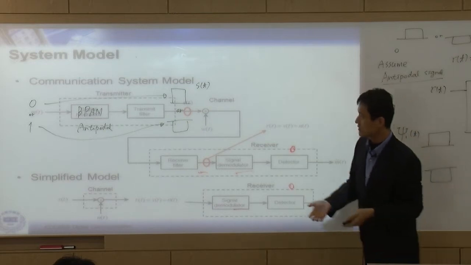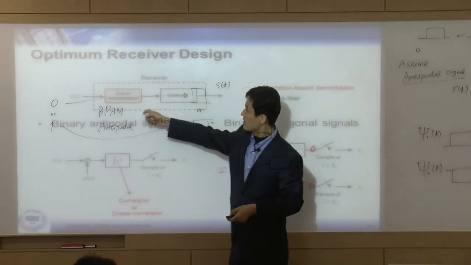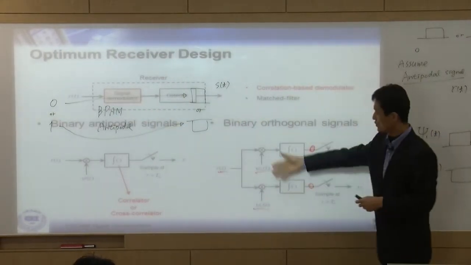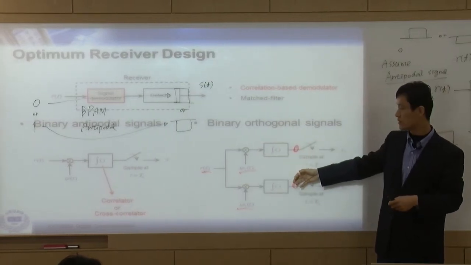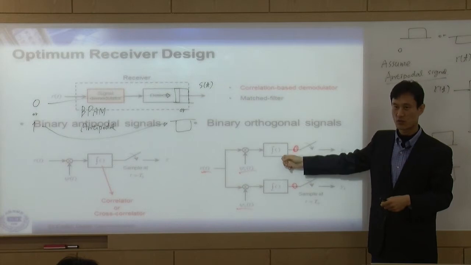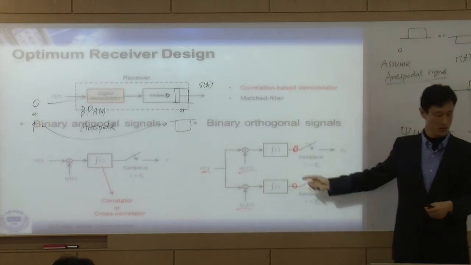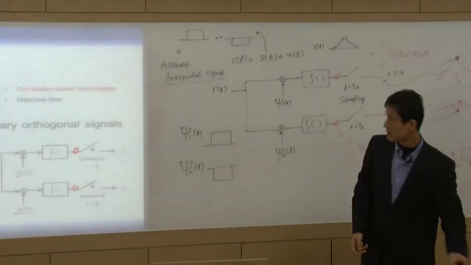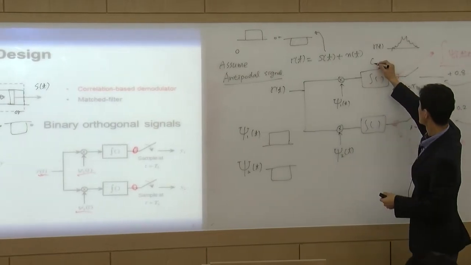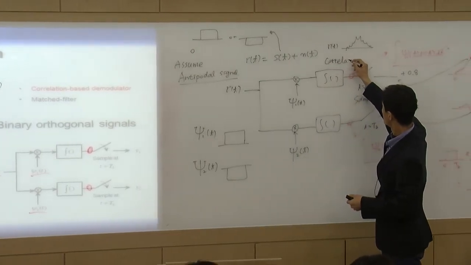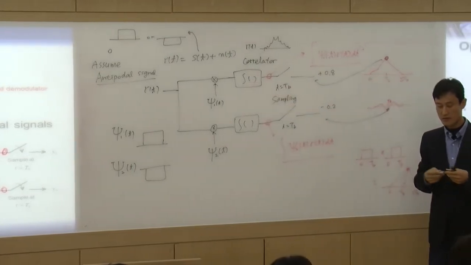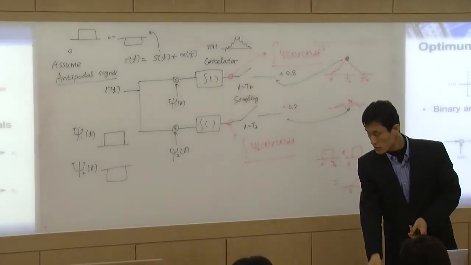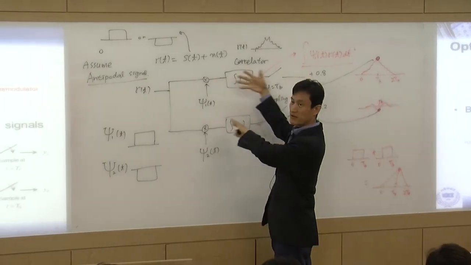That's all it does. Inside the demodulator, we need to do these calculations. What is the calculation you need to do? Correlation. We have two correlators, and these two correlators have to run in parallel.